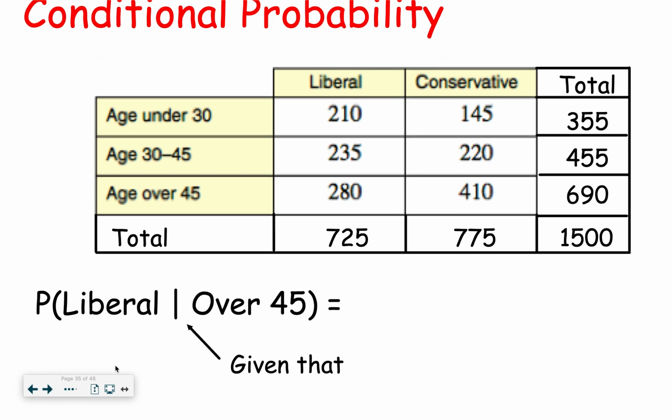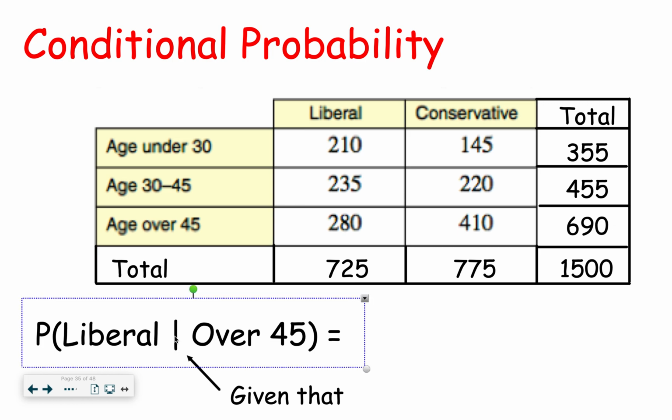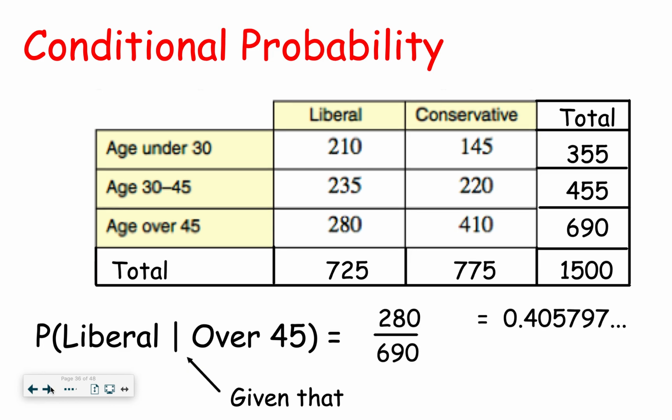Then we have the conditional probability, and remember this line right here, that means "given." So what is the probability that you are a liberal given you're over 45? I only care about the over 45s. If it's given that I'm over 45, I'm not looking at any other group. Okay, so if you recall, in a table, I go to liberal and over 45, which is still that 280 intersection.